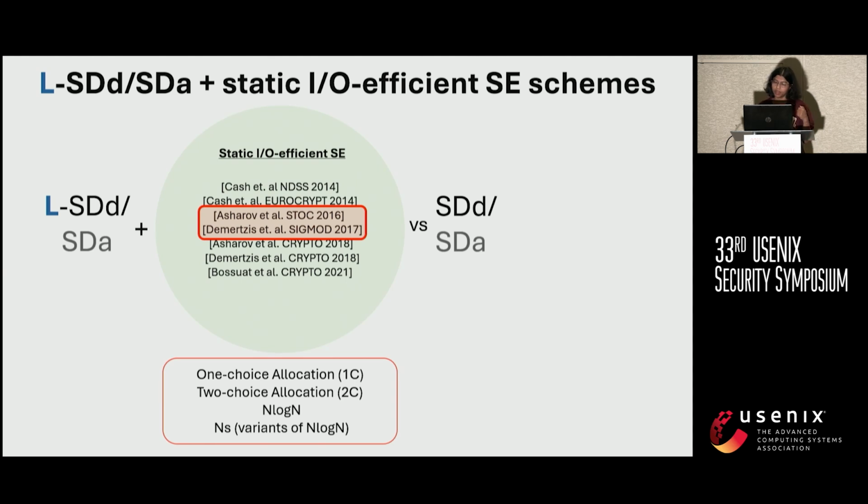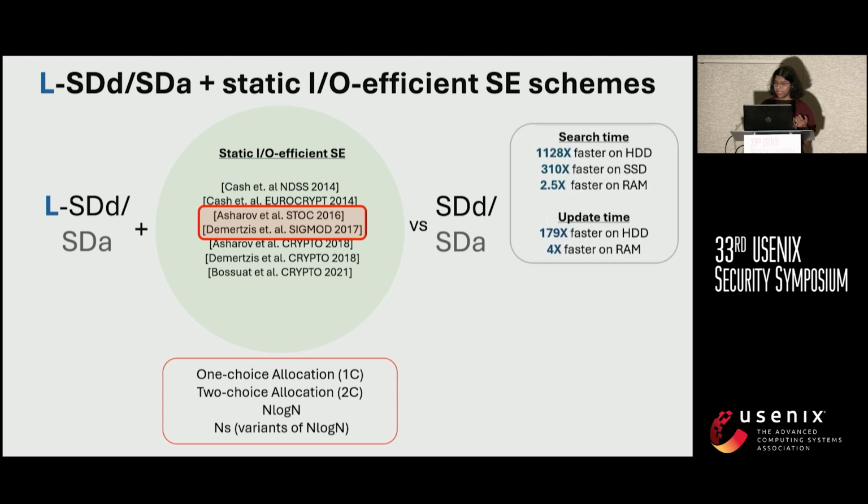So finally, we did lots of experiments. We tested our I/O efficient LSTD and SDA frameworks and compared them with the original non-I/O efficient SDD and SDA, and our results show that our schemes perform up to 1,000 times better on HDDs and up to 300 times better on SSDs for search time, and you get better asymptotics.